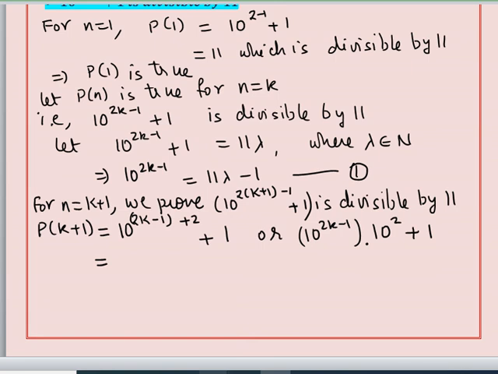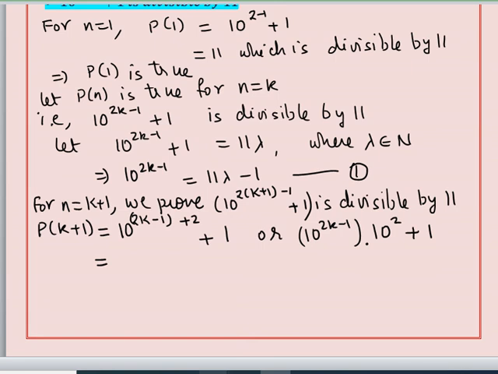Now you can see this base 10 has an exponent which is a sum of two terms, so we can write it as a product of two separate terms: 10 to the power 2k minus 1 into 10 to the power 2. These are equal steps. Here the bases are the same, so in the previous step the exponents were getting added. I have converted it into this form so that we can continue with our calculation.